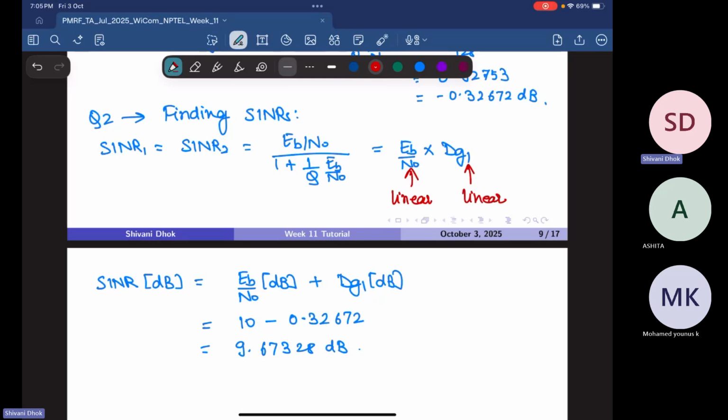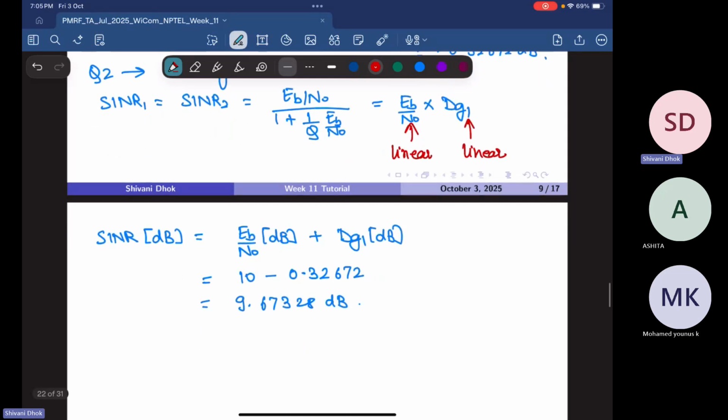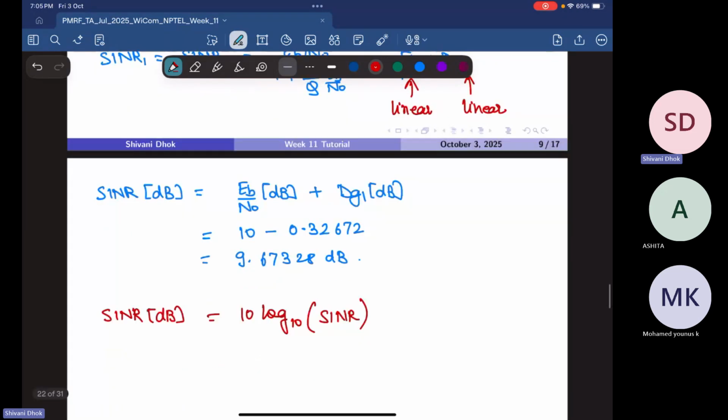But then what I did, I tried to represent this SINR in dB scale. This SINR in dB is basically 10 times log of your SINR in linear scale.